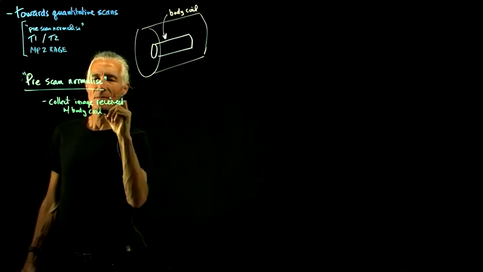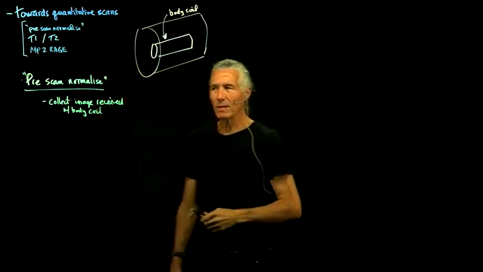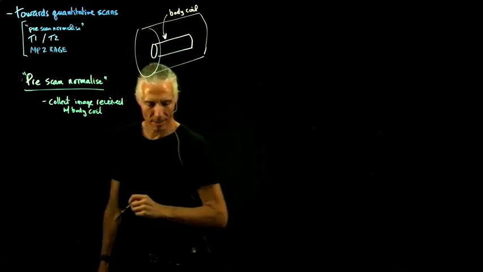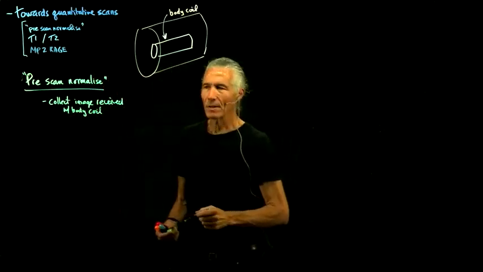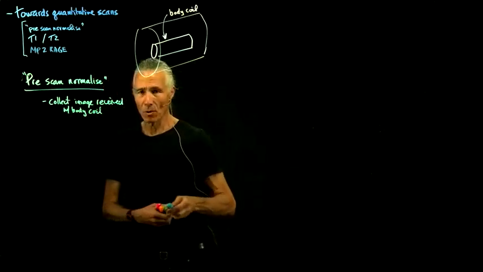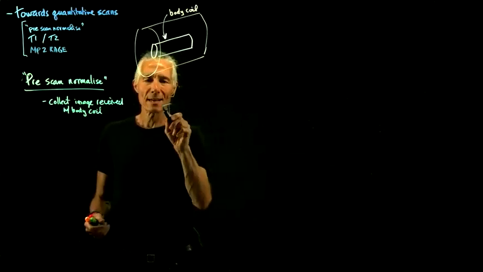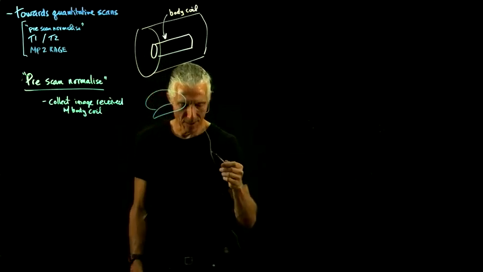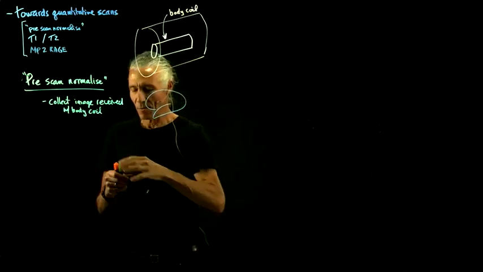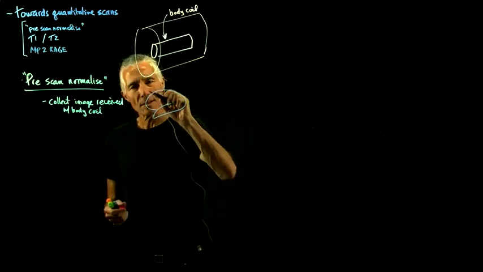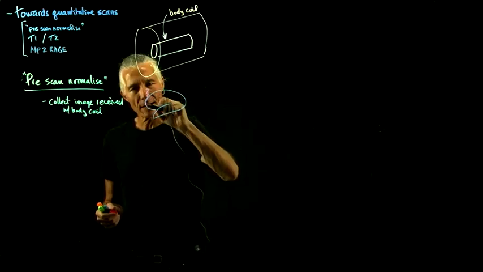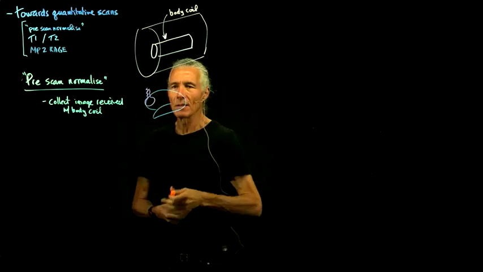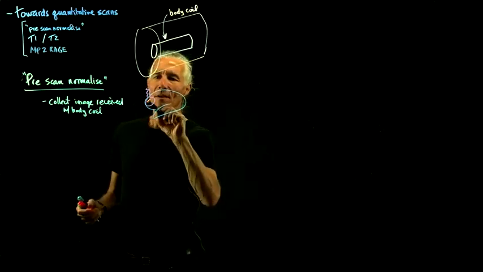Now it doesn't have to be a very high resolution image, and that's why you can get away with recording something that's very, very quick. And why doesn't it have to be a high resolution image? Because if you look at the brightness differences that come from, if you happen to be really close to this coil over here, the image is going to be brighter right around that coil.